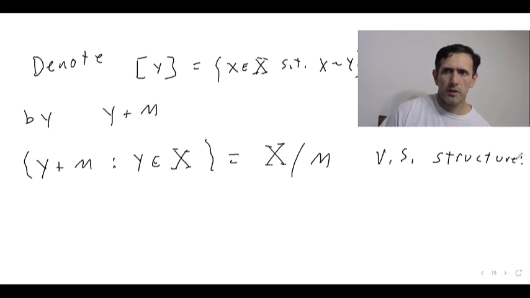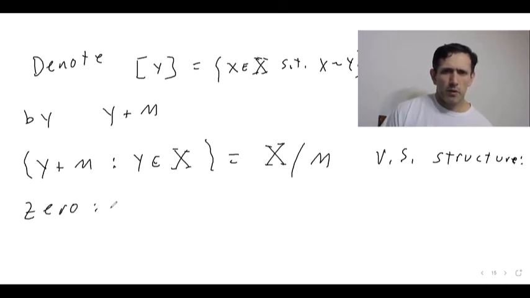I assume you've done this in advanced linear algebra, but if not, that's okay. This is the usual notation for a quotient space modding out by M. You usually do it in a ring with respect to M being an ideal, but anyway.